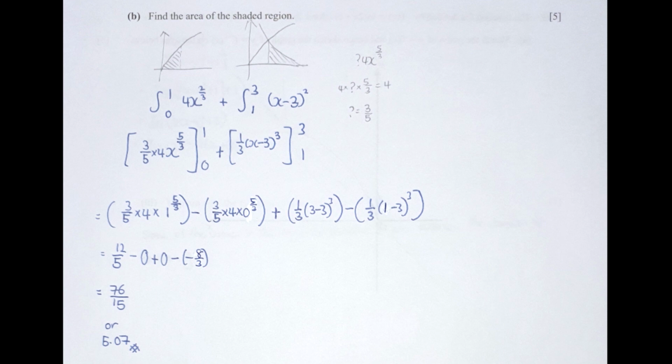After integration, the 4x^(2/3) gives you 3 over 5 times 4x to the power of 5 over 3. I actually listed the detailed calculation over there, you can just refer to it if you need any help on this part. As for the one at the back, it's pretty straightforward, so I didn't include any workings for it. Through your calculation, you should be getting 5.07 after correcting to 3 significant figures, or 76 over 15.